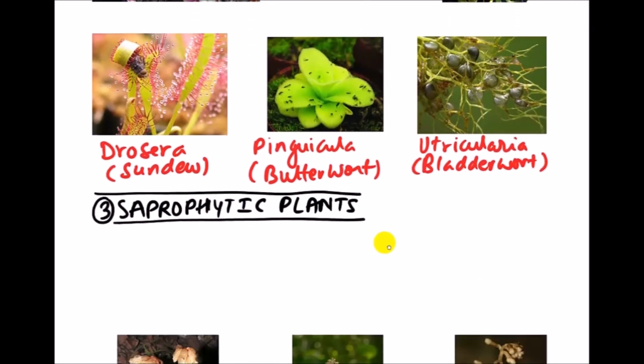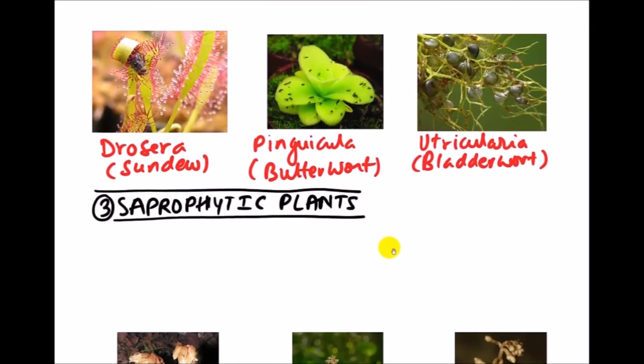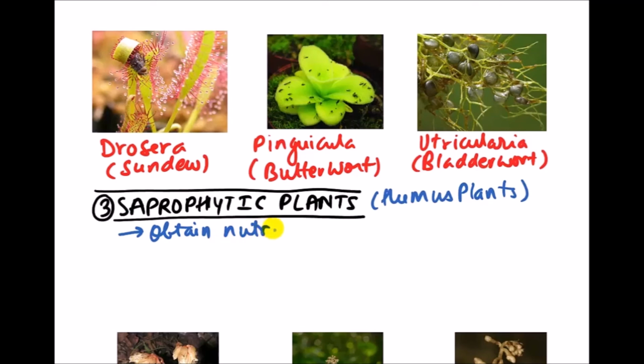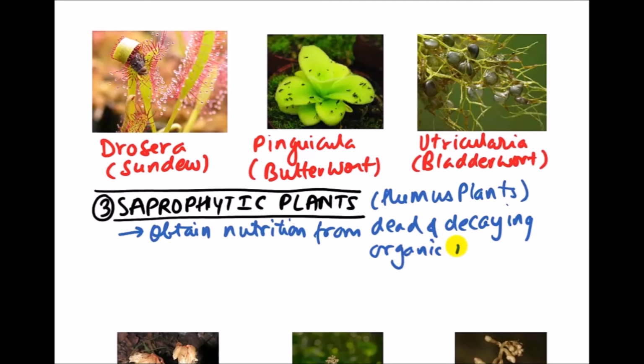Now the third category of plants are saprophytic plants. These saprophytic plants are also known as humus plants. These plants obtain nutrition from dead and decaying organic matter.